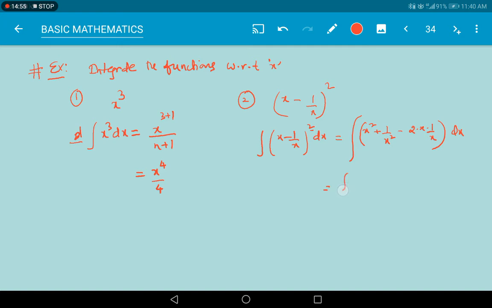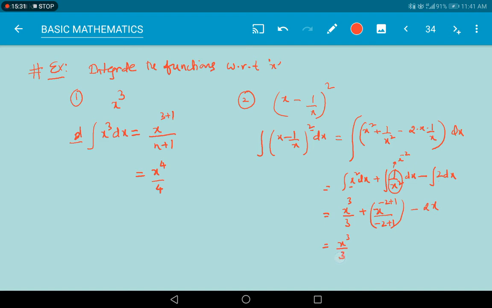So integration x square dx plus integration 1 by x square dx minus integration 2 dx. This is in the format x to the power of n dx, giving x to the power of n plus 1 by n plus 1. We can write 1 by x square as x to the power of minus 2, so x to the power of minus 2 plus 1 by minus 2 plus 1. Integration of the constant 2 dx gives 2x only.